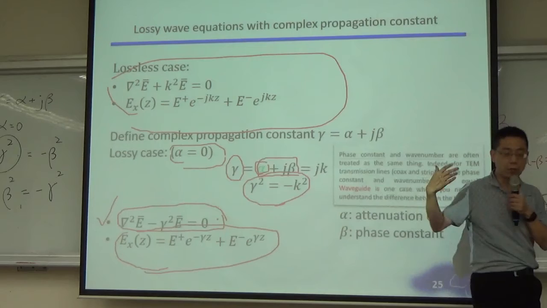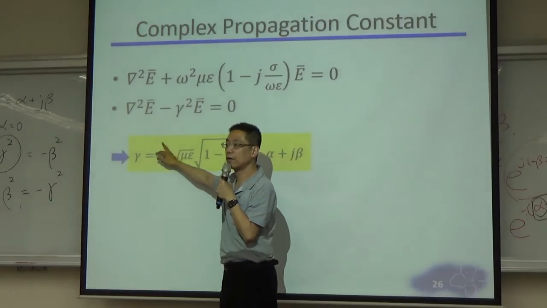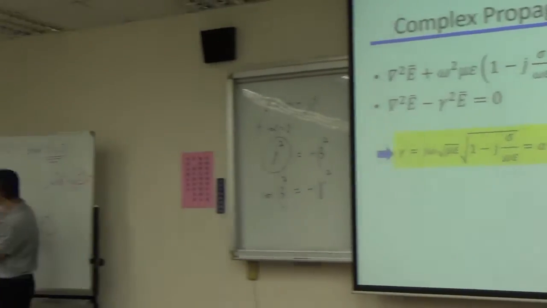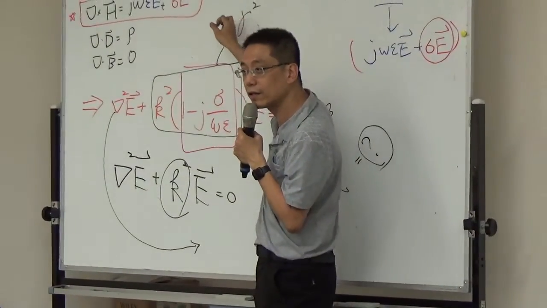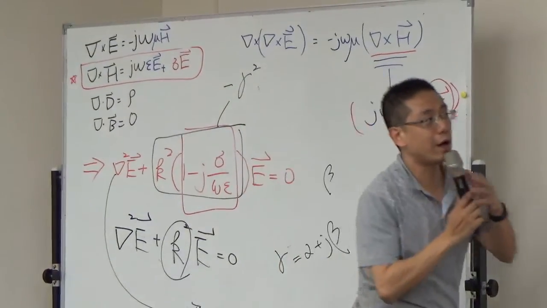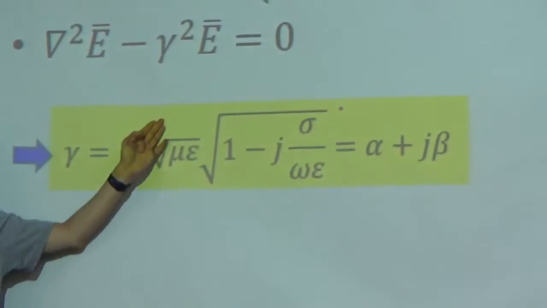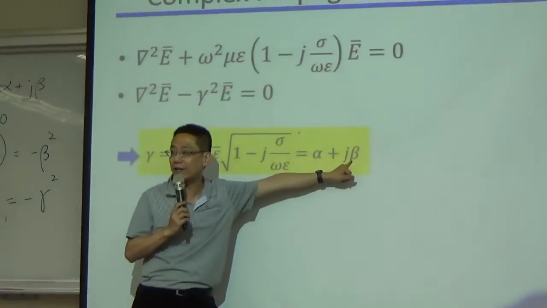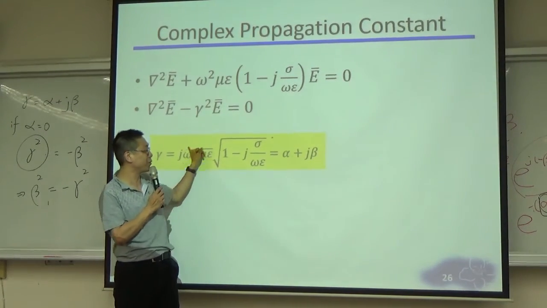I will discuss more, and you will have more. This is the true form of gamma. Because of this, if you want to get this one equals alpha plus j beta square and take the negative part, you will obtain that your gamma will equal this ugly part, and this one equals alpha plus j beta. Your question is why? It is because I didn't write it down.